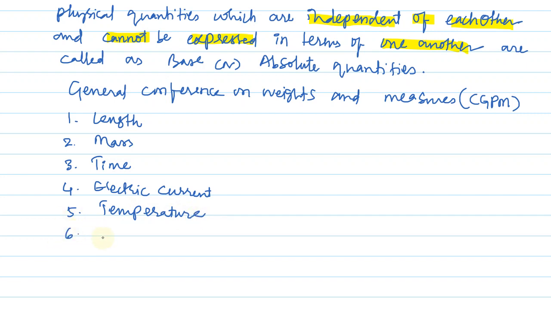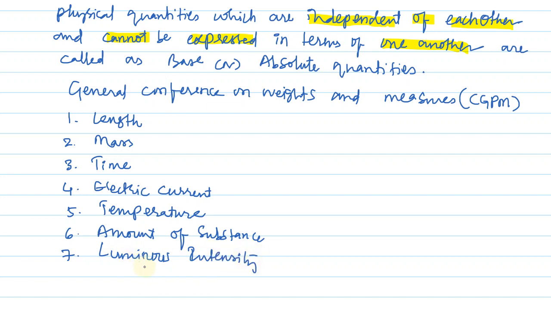Sixth is amount of substance. And seventh is luminous intensity. So these 7 are generally called fundamental quantities or base quantities: length, mass, time, electric current, temperature, amount of substance, and luminous intensity.